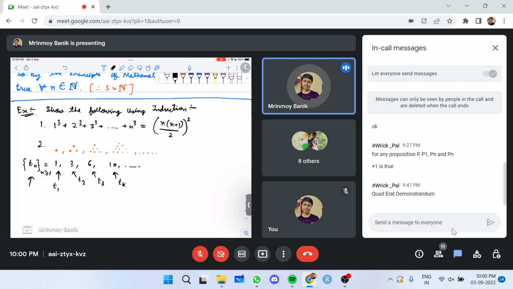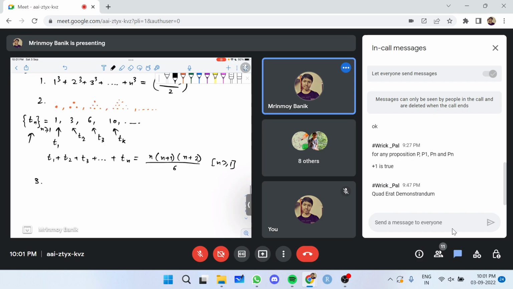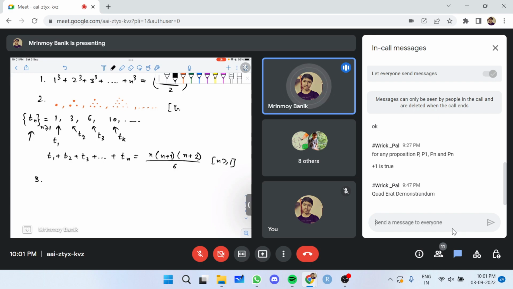Some might prefer to start from T0, then they write n greater than or equal to 0. This is standard notation for sequence. So here you have to show T1 plus T2 plus T3 up to Tn is equal to n into (n plus 1) into (n plus 2) by 6. Okay, so triangular numbers.